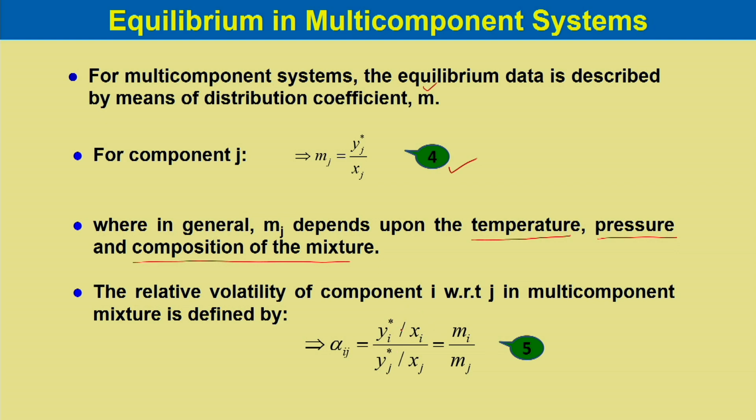As we have seen before from equation 1, yj star into Pt is equal to xj into Pjv, the vapor pressure of component j. So, if we substitute over here, we will get this as mi divided by mj. This is equation 5.